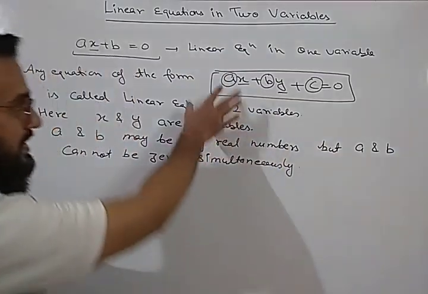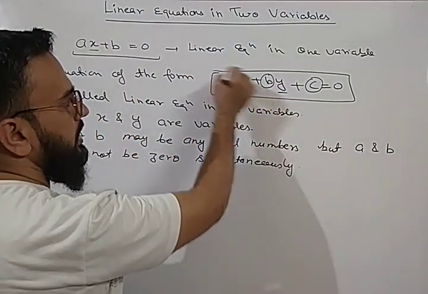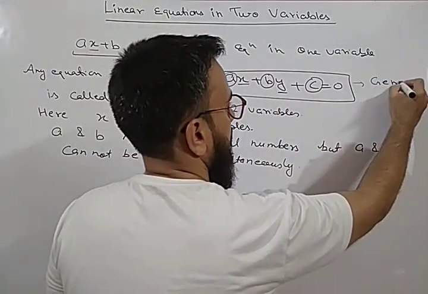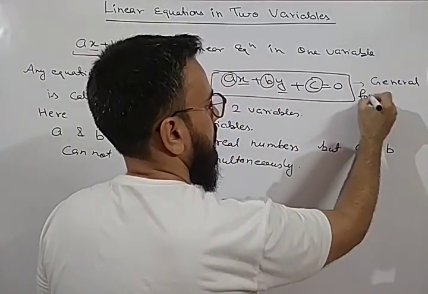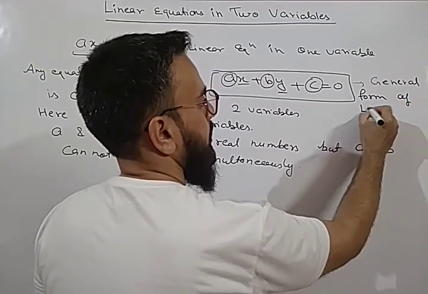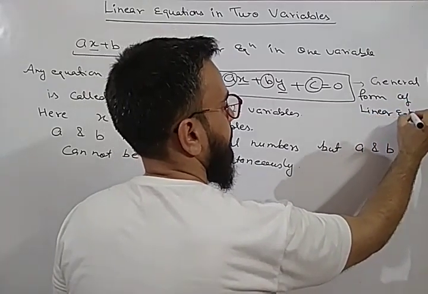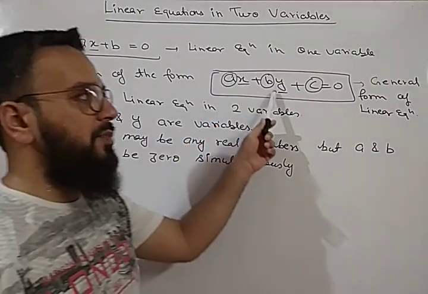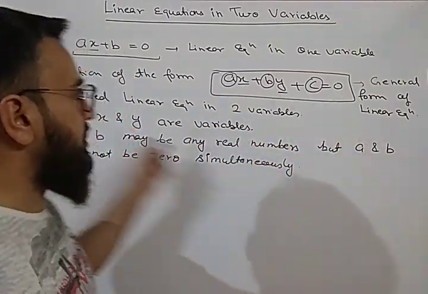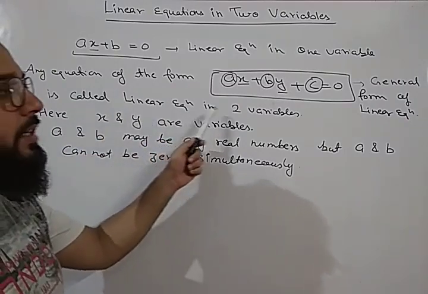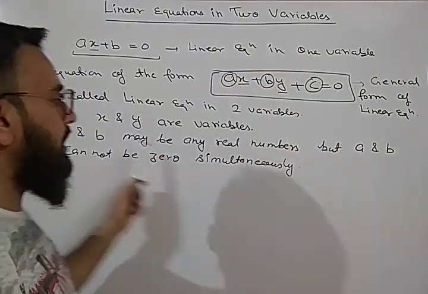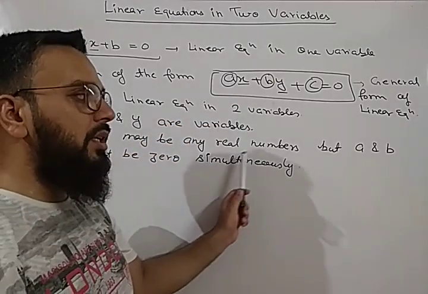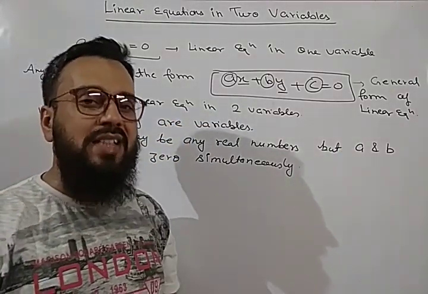Okay, so this is the general form. This equation ax plus by plus c is also known as the general form of linear equation. Any equation of this form, ax plus by plus c equal to 0, is called a linear equation in two variables, where x and y are the variables and a and b are any real numbers, but a and b cannot be 0 simultaneously.